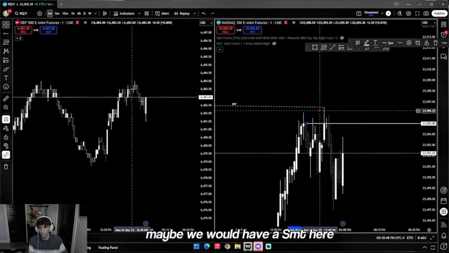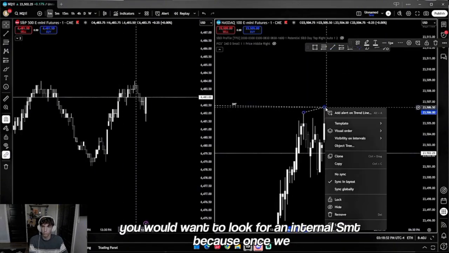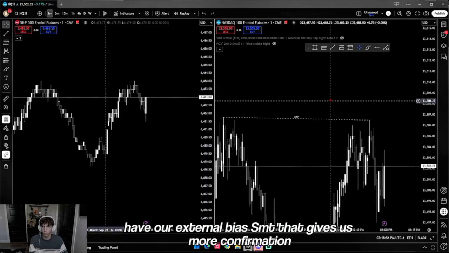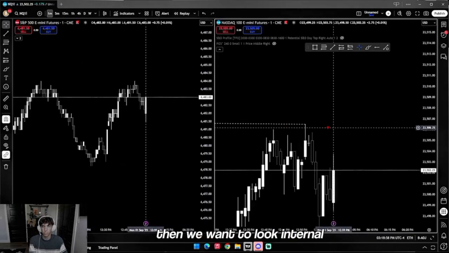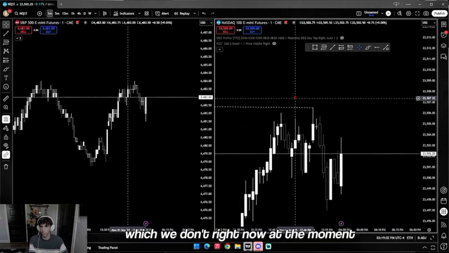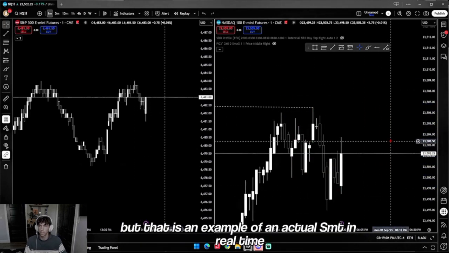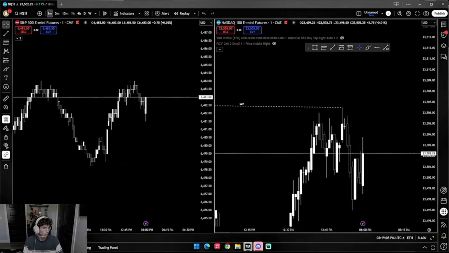Maybe we would have an SMT here. You would want to look for an internal SMT, because once we have our external bias SMT, that gives us more confirmation. Then we want to look internally to see if we have an SMT at one of these highs, which we don't right now at the moment, but that is an example of an actual SMT in real time.